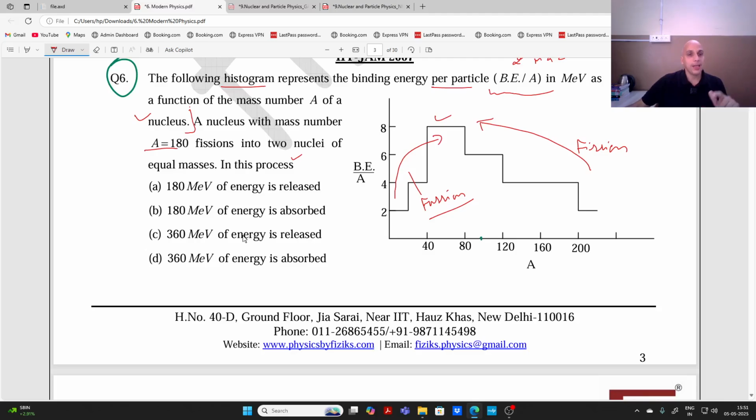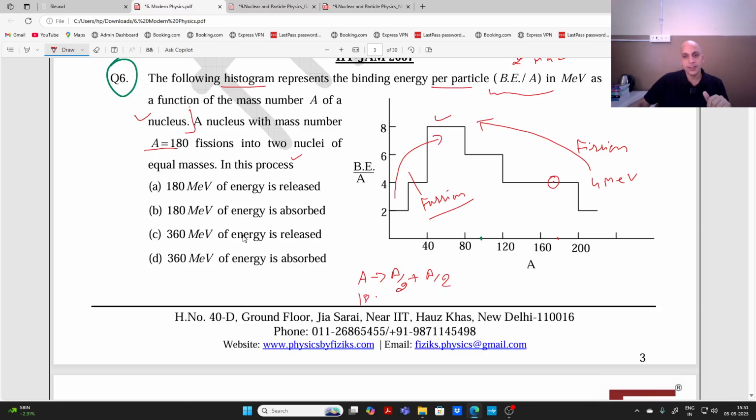Now here the examiner has given that a nucleus with mass number approximately 180 is here, and the corresponding binding energy per nucleon is 4 mega electron volt. It fissions into two nuclei of equal masses, it means A gives A by 2 plus A by 2.